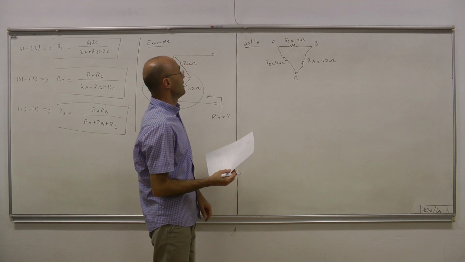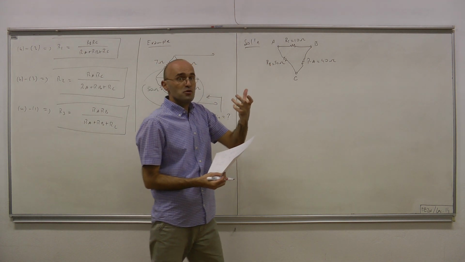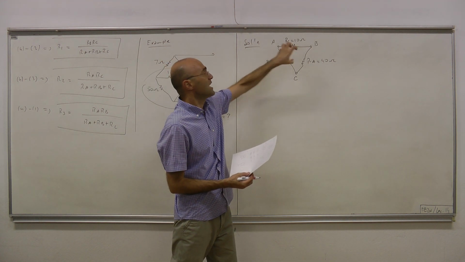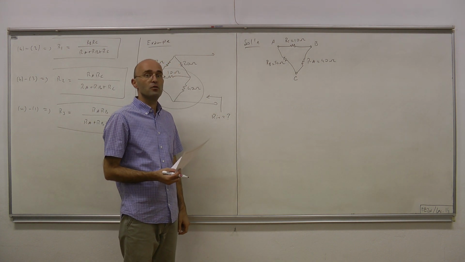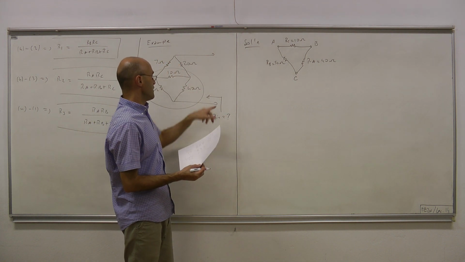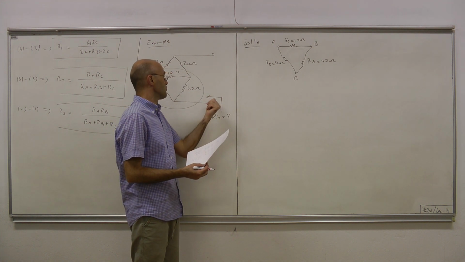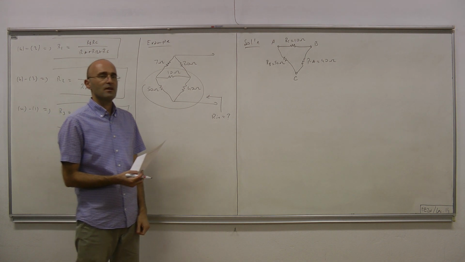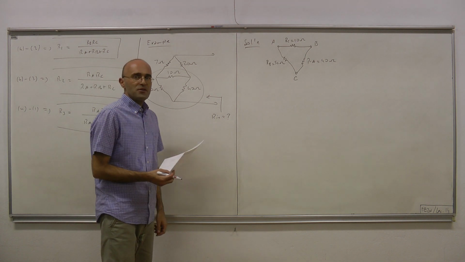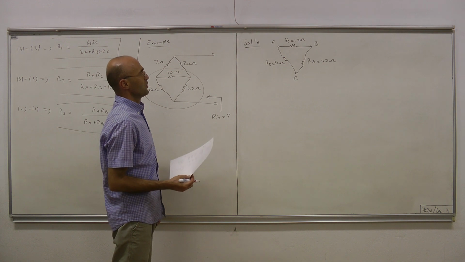Because of the very definition of equivalence, we can take this out and connect that Y-connected set of resistors, and the rest of the circuit will not feel any difference from the outside pair of terminals. So that's what we want to do.